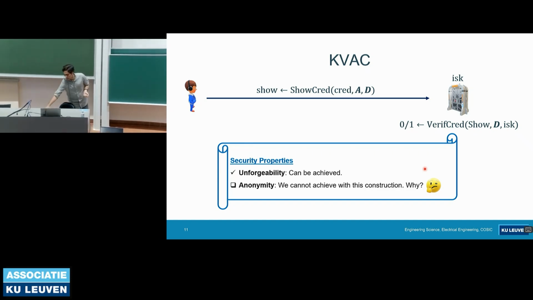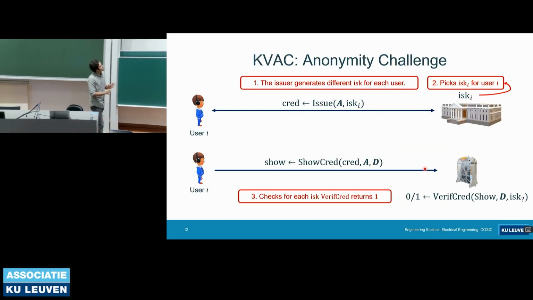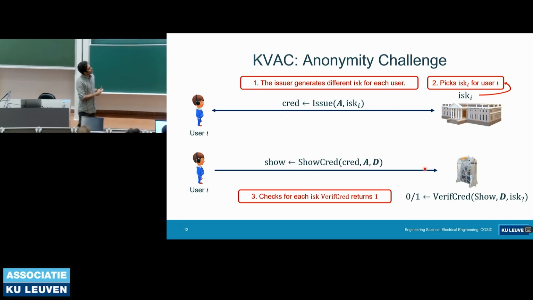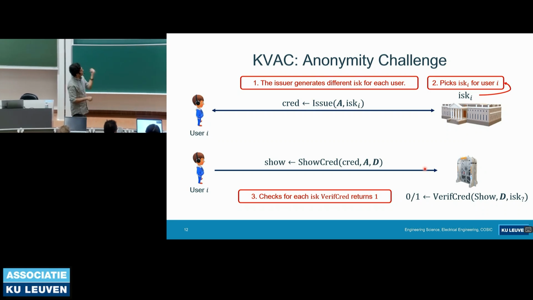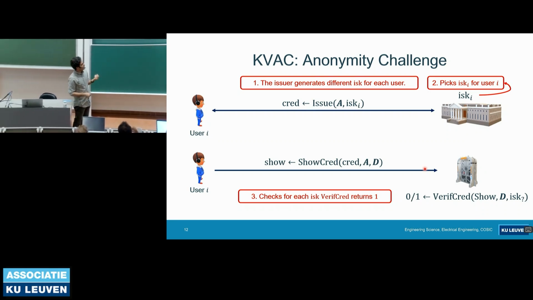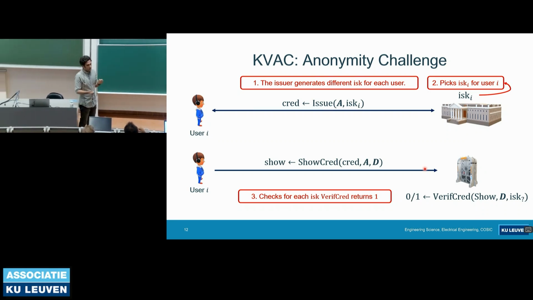And the reason is, let's imagine that the issuer uses different secret keys for different users. So for user i, it uses ISK_i, and for others different ones. And whenever this user i wants to generate the show for her credential, she sends the show to the verifier, and the verifier somehow brute-forces all the ISKs that it has.